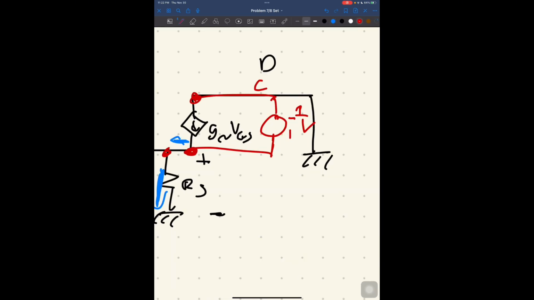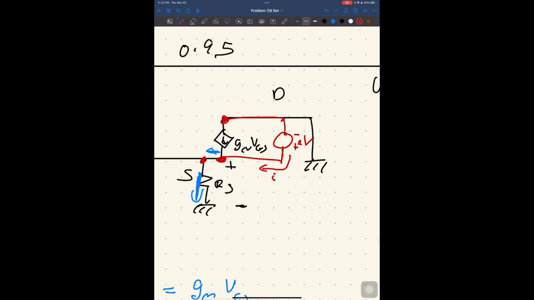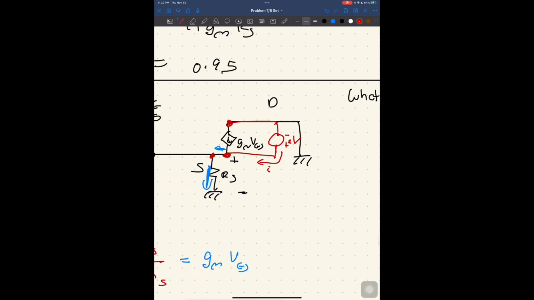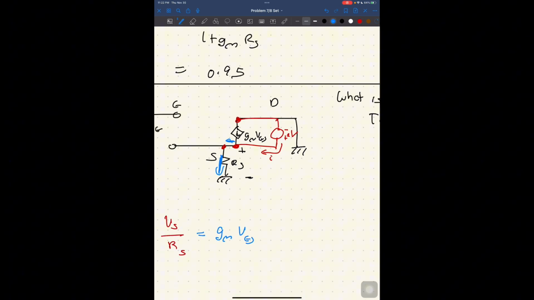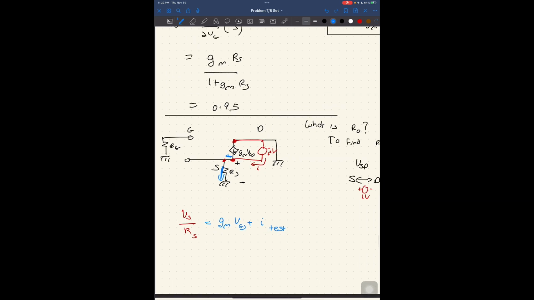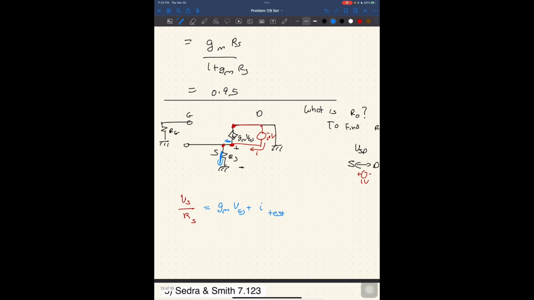Such that I have minus plus 1 volt, and the current was flowing in this direction. So I had 2 currents entering and 1 current leaving, so it would equal gm VGS plus I test. Right? And if that was the case, then what would be the answer?